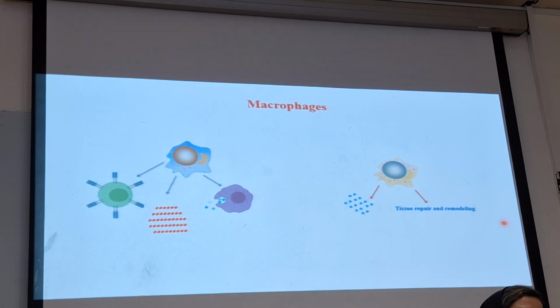So after the war between our immune system and pathogens as target cells, not only are the pathogens killed, but some natural cells and normal tissues are damaged. So these macrophages, through producing some molecules, lead to repair and remodeling of damaged tissue at the site of infection and injury.